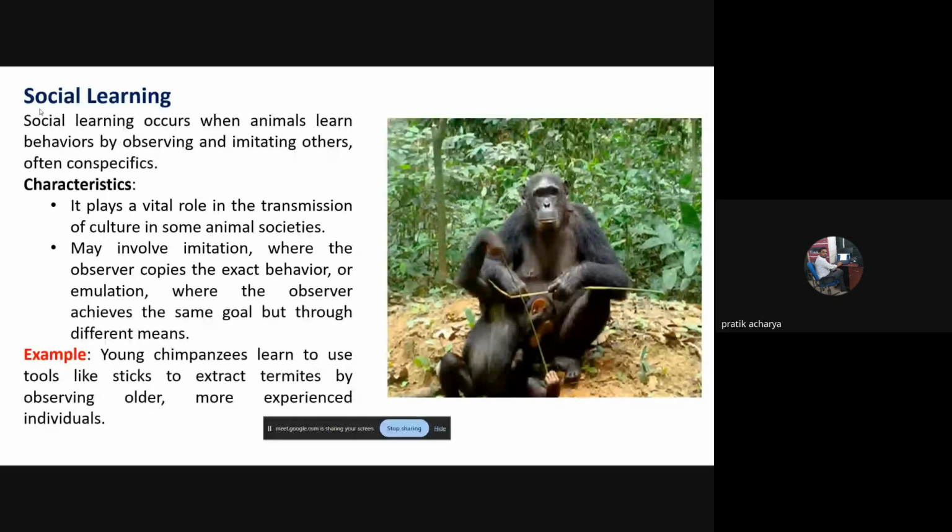They start doing that kind of activities in day-to-day life. We can observe that kind of activities in newborns. Okay, so this is all about learning and cognitive behavior. I think this part is over. We'll go to the next slide.